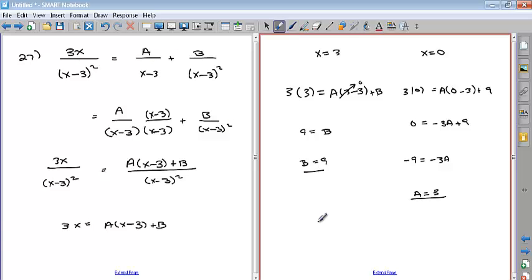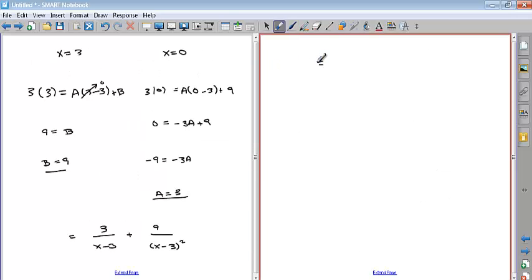So this original thing, 3x over x minus 3 squared, is going to be a, which is 3 divided by x minus 3, plugging it in up here, plus 9 divided by x minus 3 squared. So that's the answer, and they want us to prove that it's true. So you take 3 divided by x minus 3, multiplied by x minus 3, and divide by x minus 3 to get a common denominator with the second term.